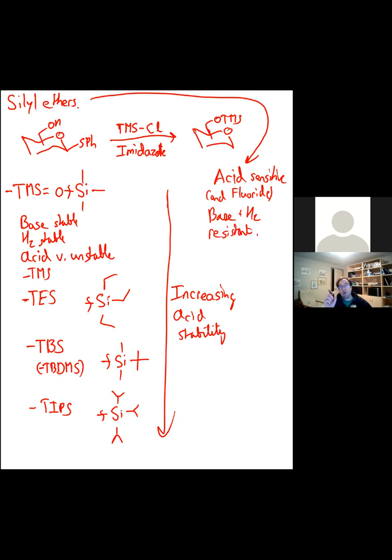So the nice thing here is now we sort of have a matched pair of three different types of protecting groups. We've got acid sensitive ones, we have base sensitive ones, we have hydrogen sensitive ones. But that doesn't help us very much if we're trying to figure out how to selectively protect an alcohol. So let's say we have an alcohol or a sugar.